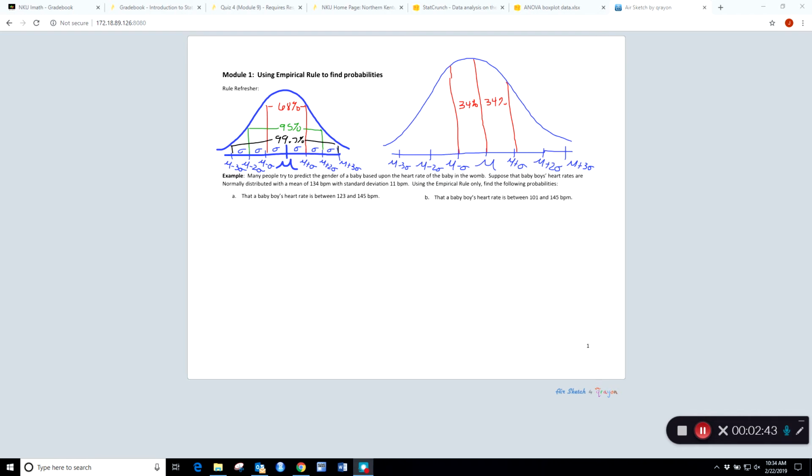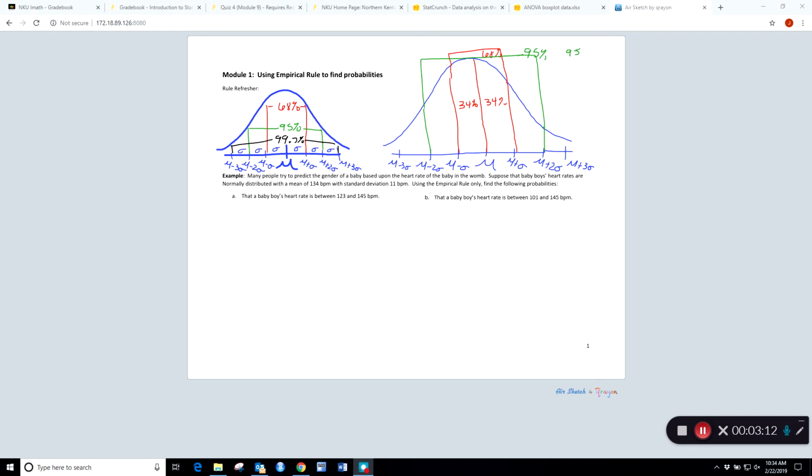Now when I went out my 2 standard deviations, let me first label this again. So this was 68%. If I go out my 2 standard deviations, this should give me 95%. But what I know is I already have 68% of that on my picture, so I only have that difference that I can add to that picture.